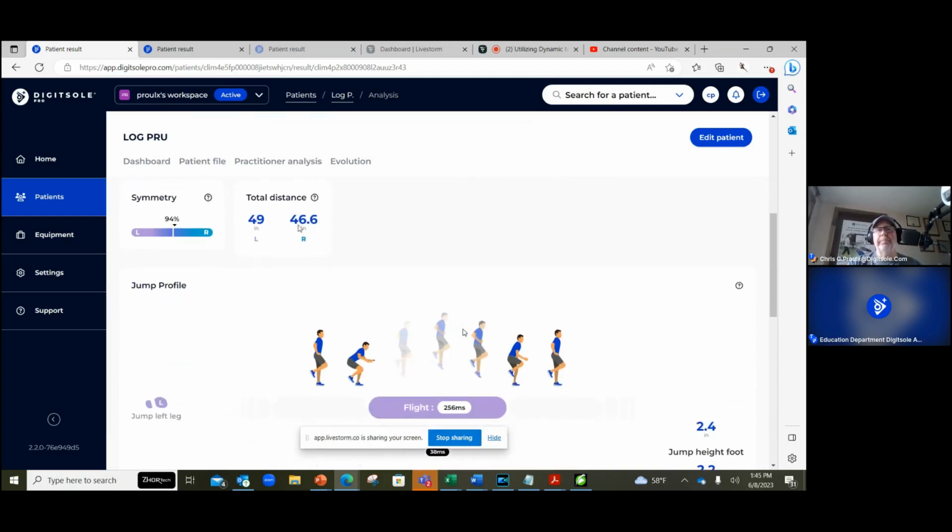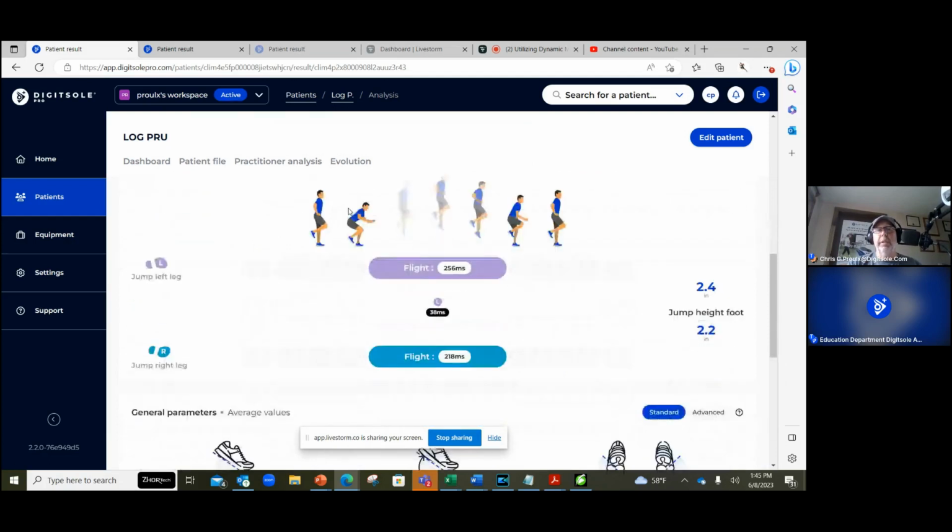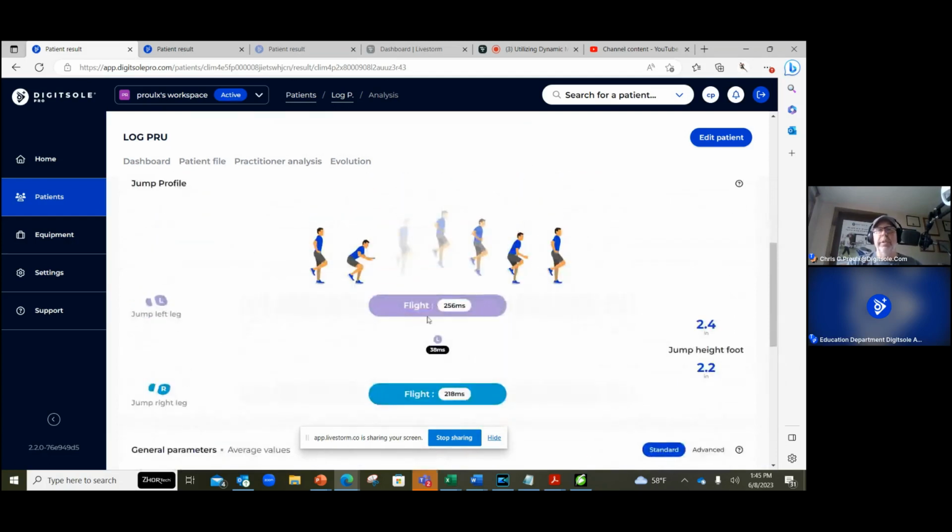So he's about a 2.5-inch difference between the right and the left. And as you can imagine, his flight characteristics are going to be longer on the left because he jumped further on the left, right? But what's interesting is sometimes, and I've shown this previously, I've had a 16% asymmetry in the distance that someone covered, but their flight times were the same.